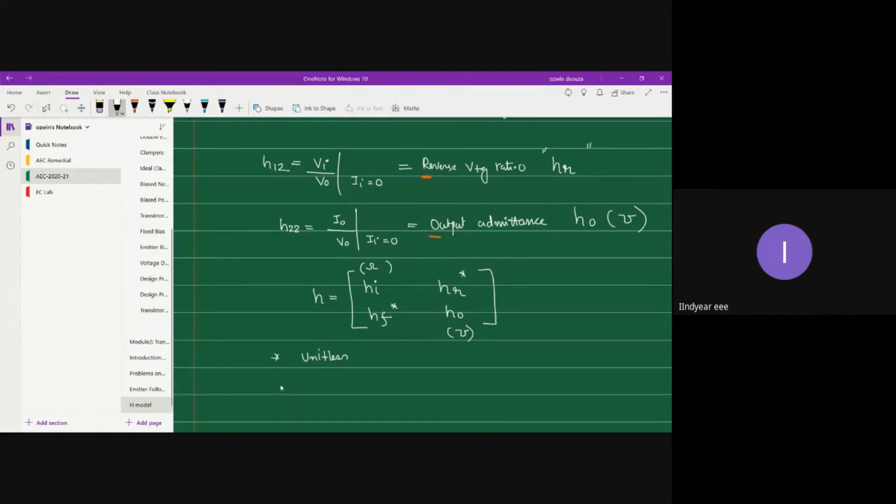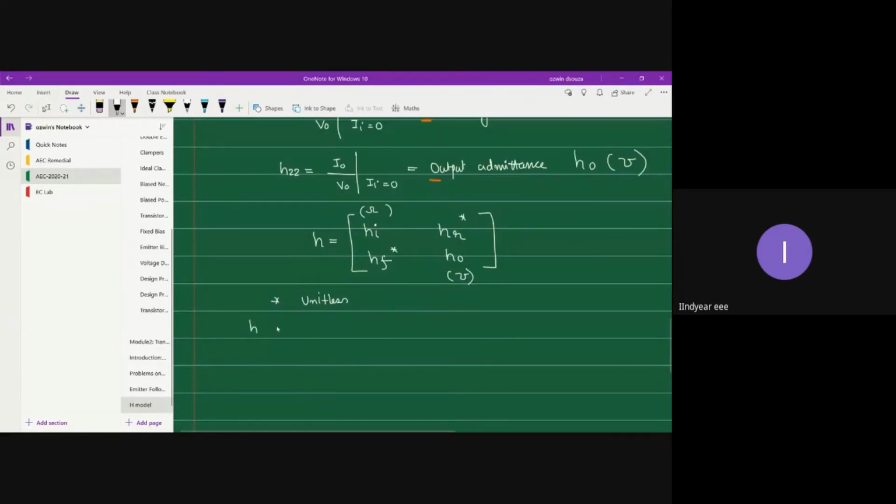Therefore, the H parameter equations can be written as Vi is equal to H11, that is HI into Ii, plus HR into V0.